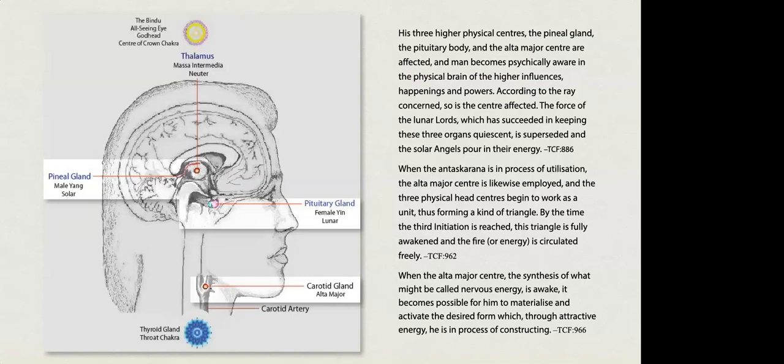When the Alta Major Center, the synthesis of what might be called nervous energy, is awake, it becomes possible for him to materialize and activate the desired form which, through attractive energy, he is in process of constructing.